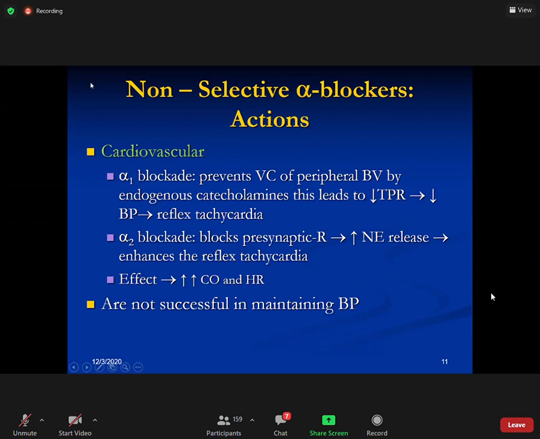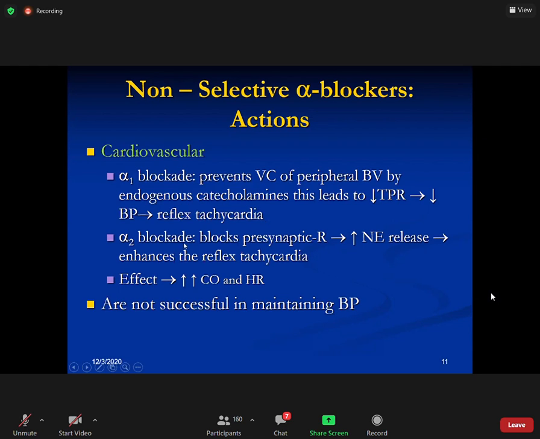So the cardiovascular effect, which is mainly alpha-1 blockade, where does it act? It acts on vasoconstriction. So when you block this, it leads to a decrease in total peripheral resistance. When you decrease the total peripheral resistance, what will happen to blood pressure? It decreases. So that's why your alpha activation, epinephrine, increases. This will cause a reflex tachycardia.